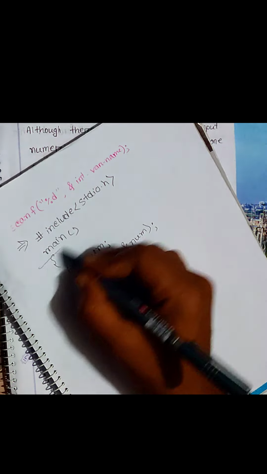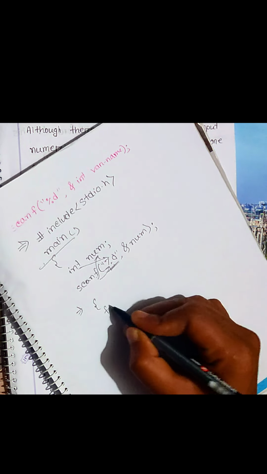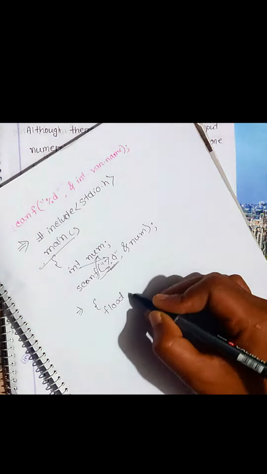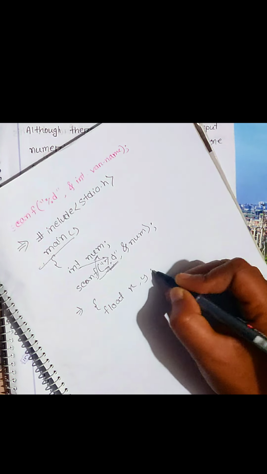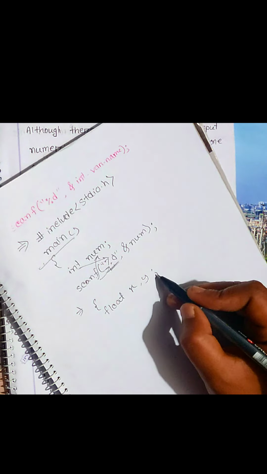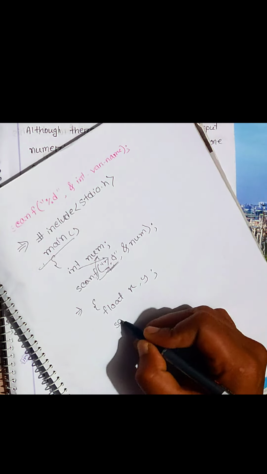For the float one, skip this one. Float x, y, because it's a statement, you have to use a semicolon. Okay, now scanf.